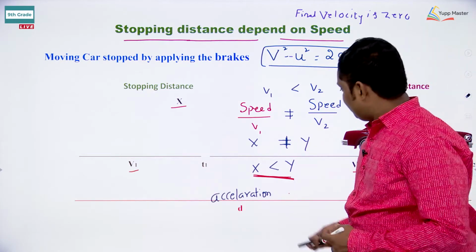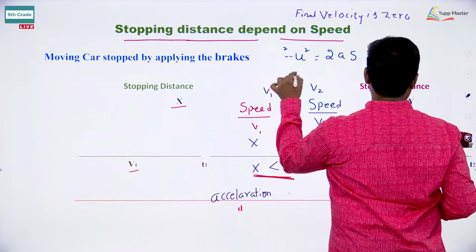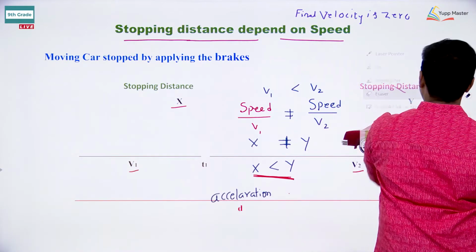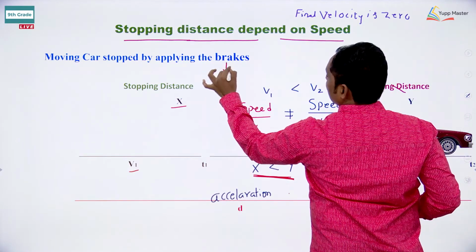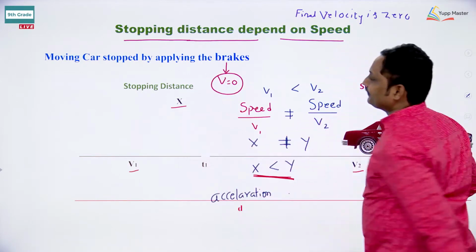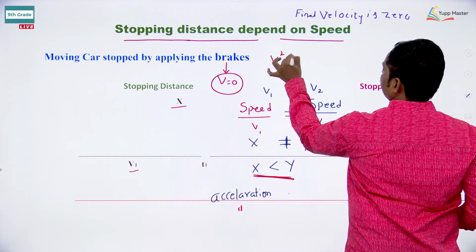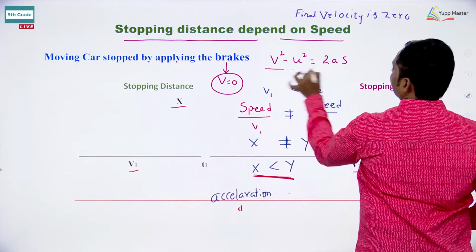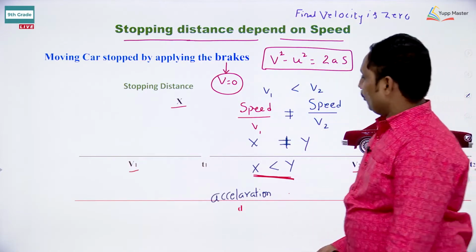We are going to use these formulas, that is V is equal to 0, you know very well about that. So you can use this relation, that is the equation of motion.